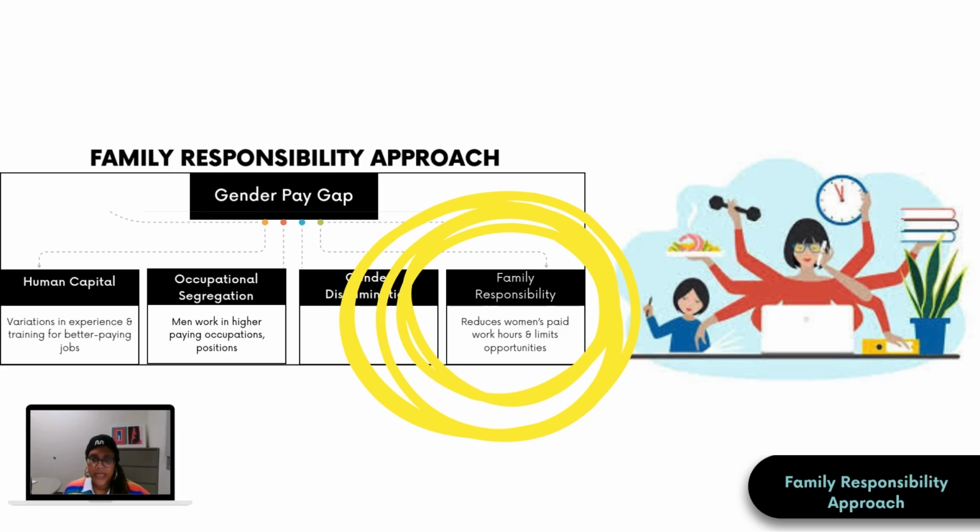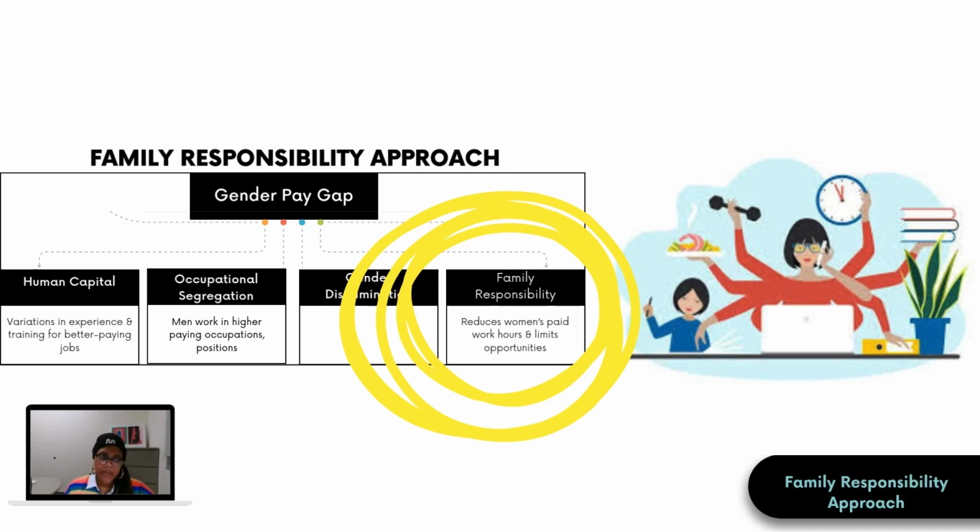And typically we measure who does what and how much using a time use survey. Time use surveys are labor surveys. They provide gender segregated data about how people spend their time, both in paid work and in unpaid work.